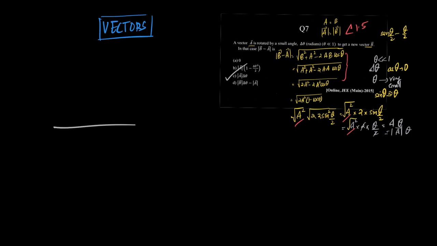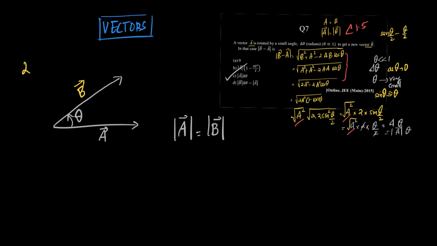Okay. So we got vector A here. And now this vector A is rotated through an angle theta in the counterclockwise direction. And what we get is a new rotated vector B. Here, what you need to understand is that the magnitude of vector A is equal to the magnitude of vector B. Why?